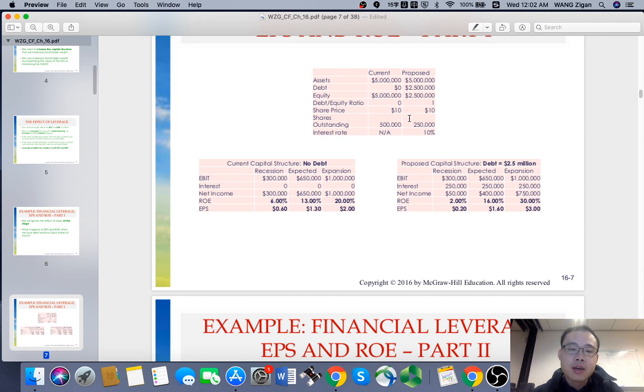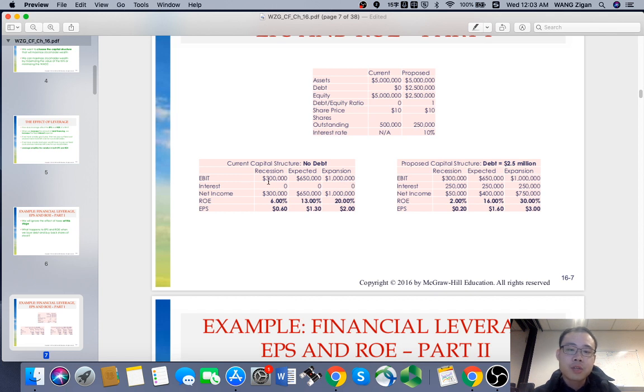So let's take a look at the ROE and EPS under different economic scenarios, under each of the two capital structures. First, let's take a look at the current capital structure in which we have no debts. In the recession period, we have the EBIT of $300,000, in the expected, which is the normal economic situation, we have $650,000, and under the economic expansion, we have $1 million.